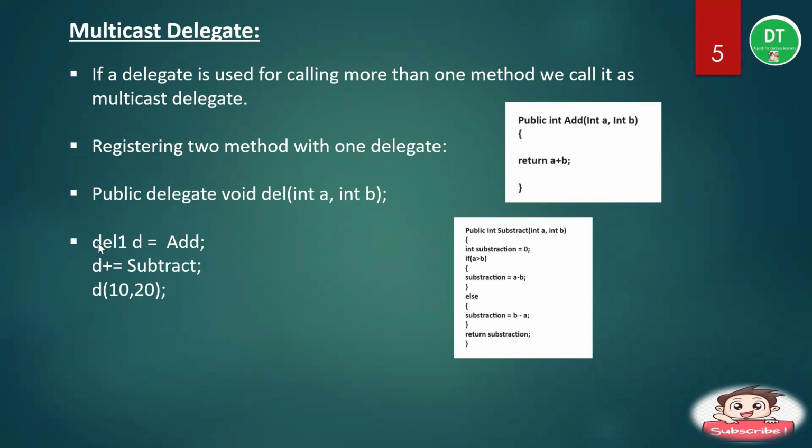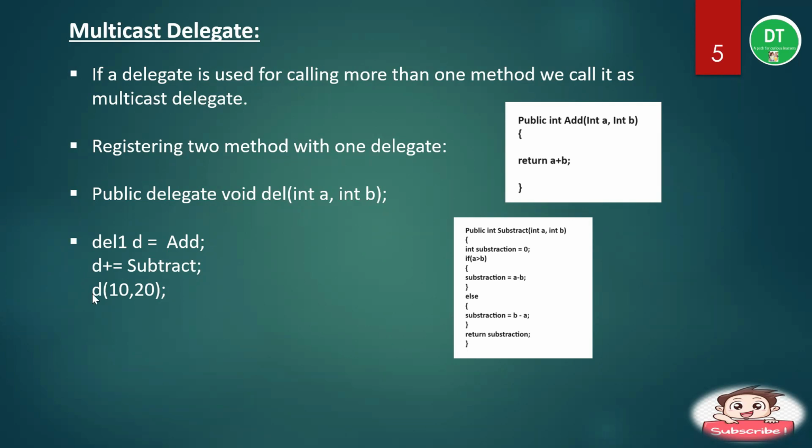So you can see that I am initializing this d. This is the object of del1 delegate. Here I am initializing del1 delegate, and I'm creating the instance. Name of the instance is d, and I'm assigning first method, that is add, to this delegate object. And after that, for adding second method, we need to use d plus equal to and name of the method.